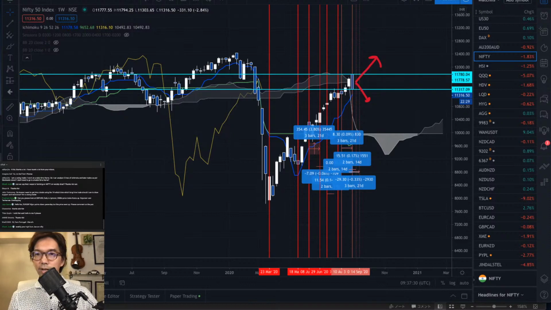I hope you're getting the idea of how you read the chart with the Ichimoku and wave analysis here. And all I say here is actually universal, so I'm sure you can apply this analysis on any markets.